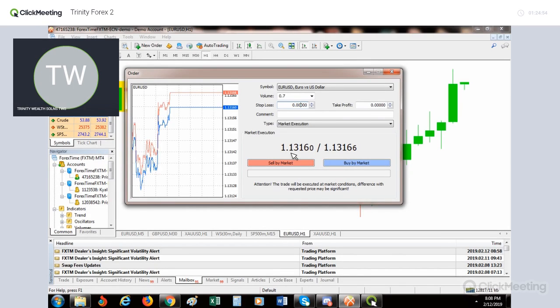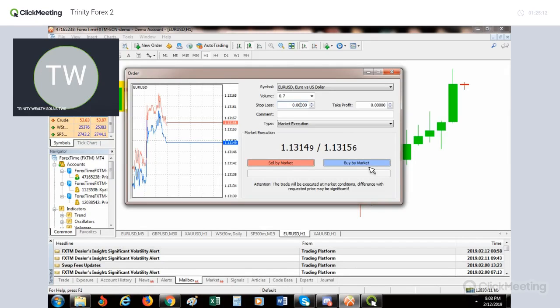So right now our bid price is 1.1316, and the asking price is 1.1316. If I sell right now, my order will be filled at 1.1315.